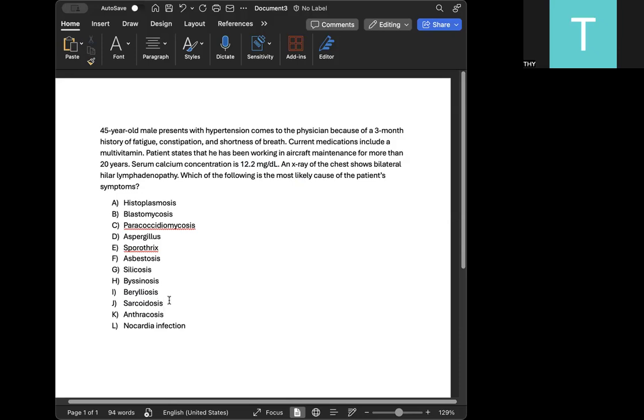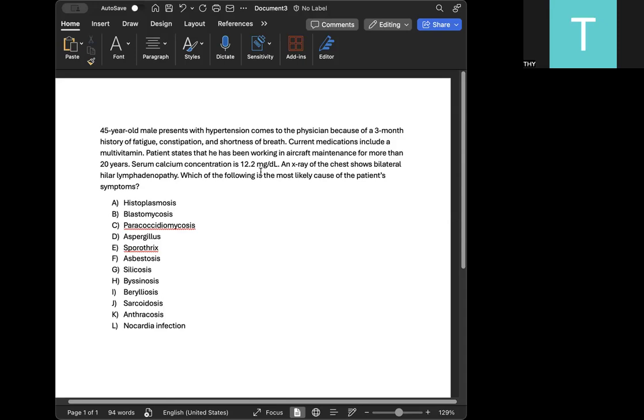Both of them have non-caseating granulomas. Caseating granulomas are seen with diseases like TB, with macrophages and T helper cells. T helper cells produce interferon gamma, which allows macrophages to come to those granuloma sites and release 1 alpha hydroxylase.